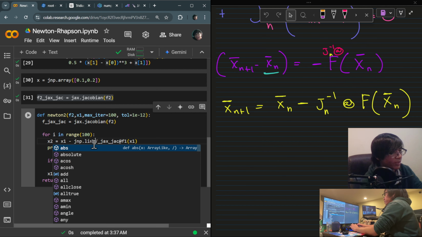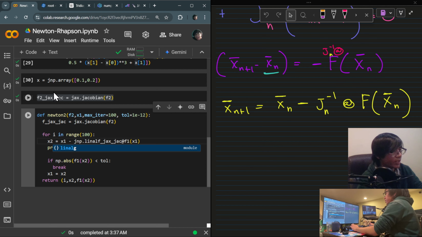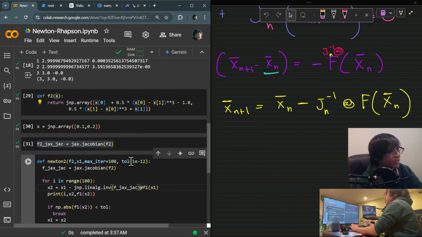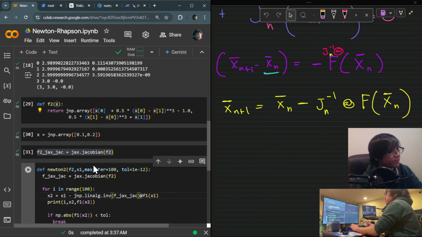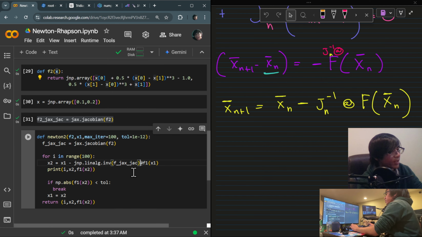So we do the inverse. jnp, I think it's linalg, then inverse of the Jacobian of our function. And does the Jacobian need to take in any variables? I think it just takes in the current x, so just do x1. Then, is that it? f1, x1, so this should be f2.